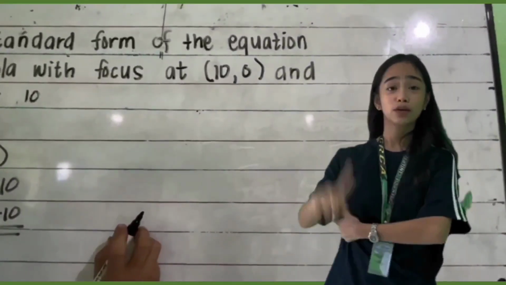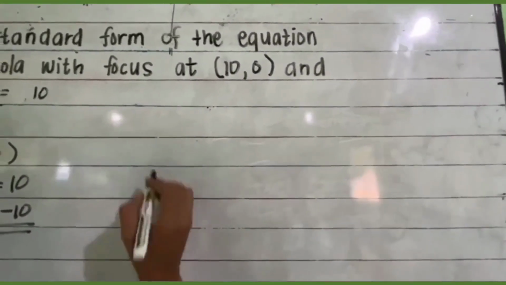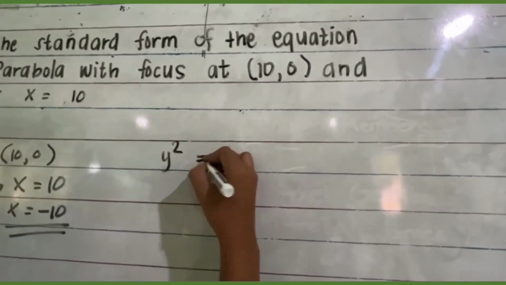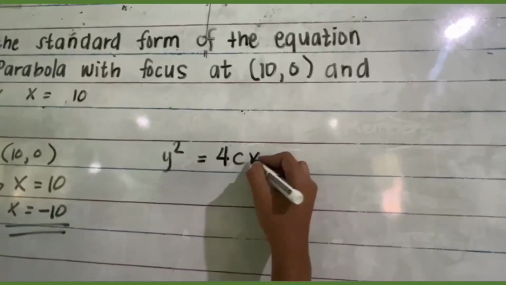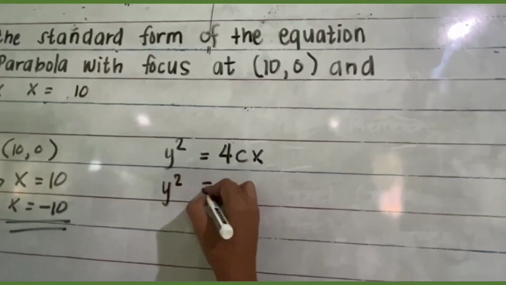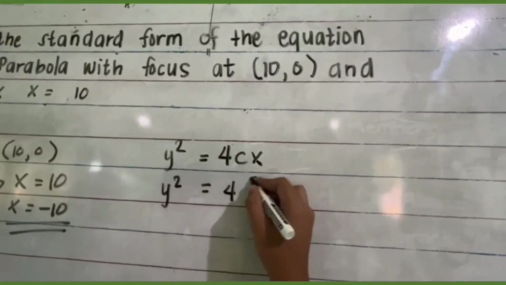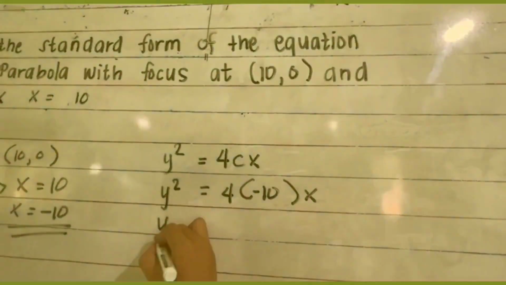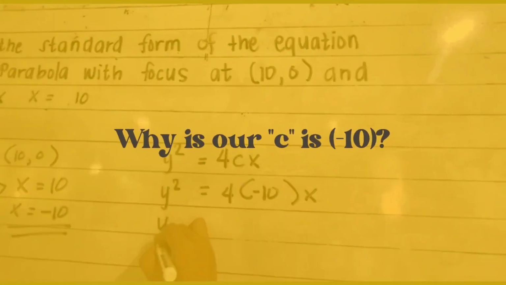What formula are we going to use? y squared equals 4cx. After that, substitute the given values. y squared equals 4 times negative 10x. Why is our c negative 10?